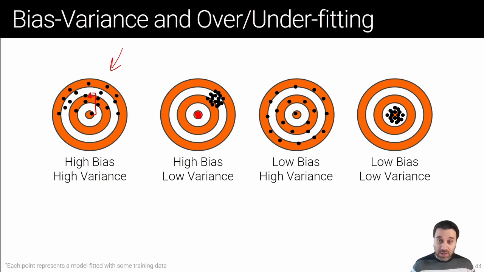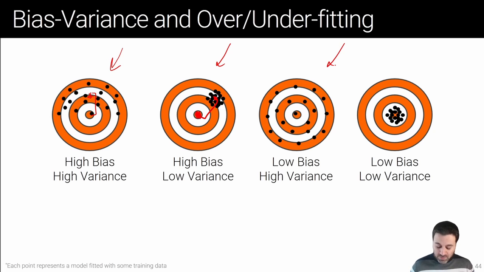And also in this case, we have a high variance because for any given training set, we might have a model that is all around the place, and this is not good. In the second case, we have, again, a high bias because on average, the models are around there, and that's different from the optimal model. And we have a low variance. So regardless of which actual training data we use, the models are quite similar to each other.